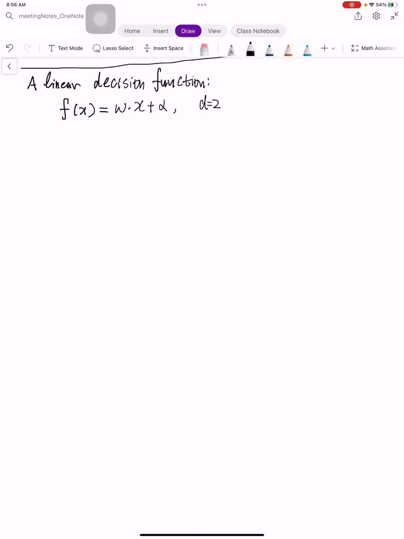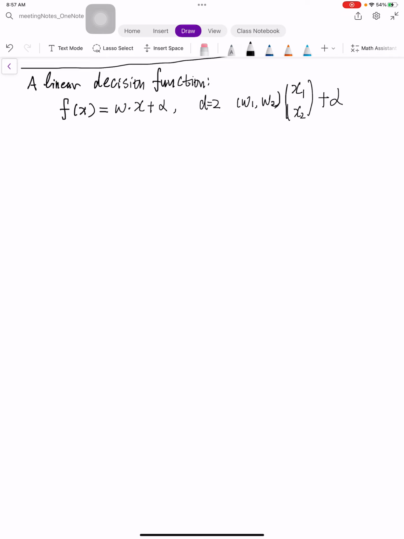So this w is just w1 and w2. The inner product between w and x is just the transpose of w times x plus alpha, right?